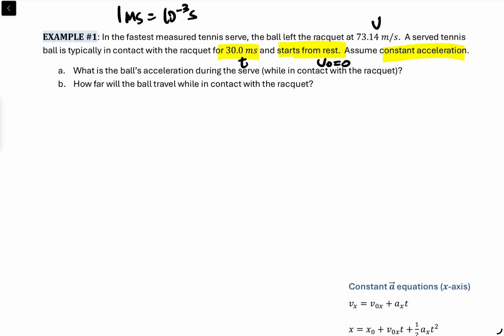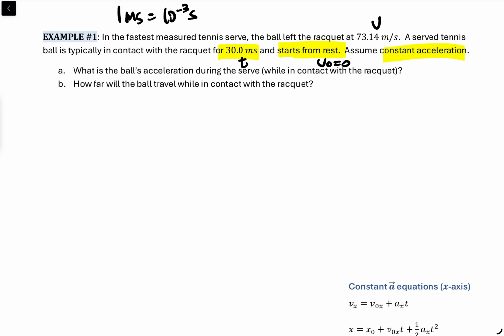In this problem, they tell us that it's constant acceleration, so they take that decision making away from us. But if they didn't say it explicitly, we could think about things in the problem statement that say it's changing speed at a constant rate, so either slowing down or speeding up at a constant rate, and that would be a clue to us that this would be a constant acceleration problem. All right, so they tell us it is, so we know it is.